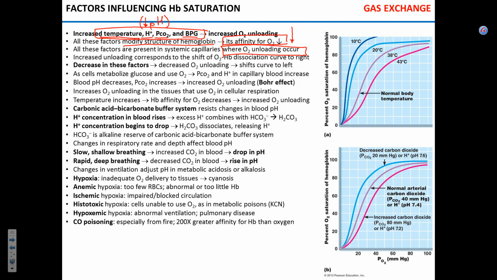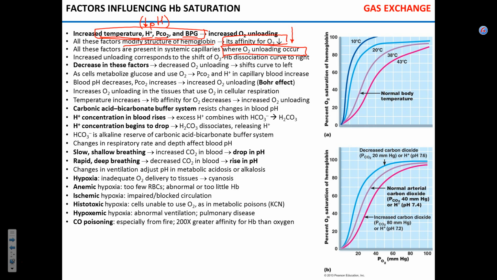And therefore, if these factors go down, if CO2 concentration goes down, acidity goes down, temperature decreases, all of that will decrease oxygen unloading. Does that make sense?